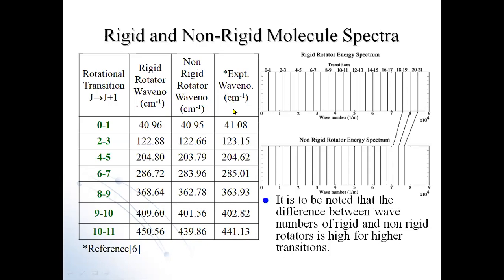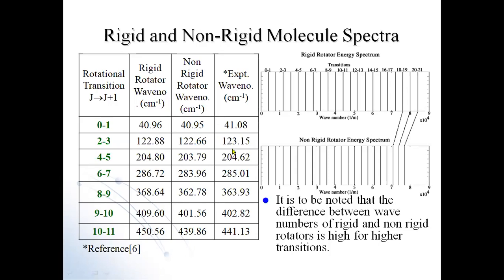So this will help you to understand the concept of the centrifugal distortion constant D, which we have introduced for calculating the wave number of each rotational level for the case of a non-rigid rotator. Look at the results here for the rigid rotator, non-rigid rotator, and the experimental findings.